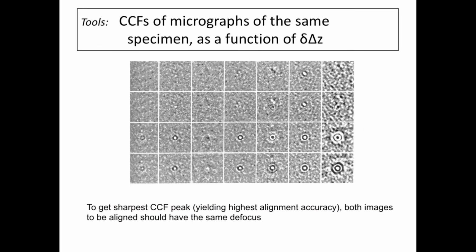So this is a display of different defocus differences and what it means for the cross-correlation peak. Here you can see a very extended peak. Here you see a very sharp peak in the center.